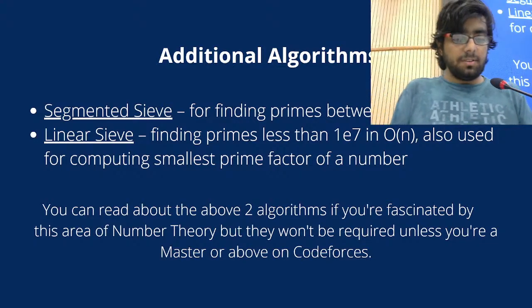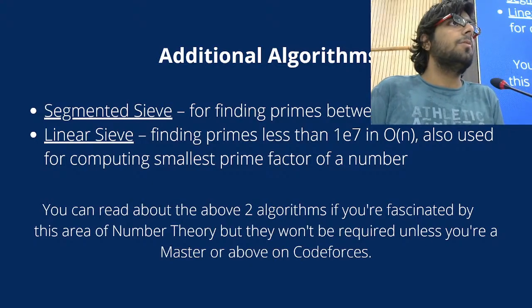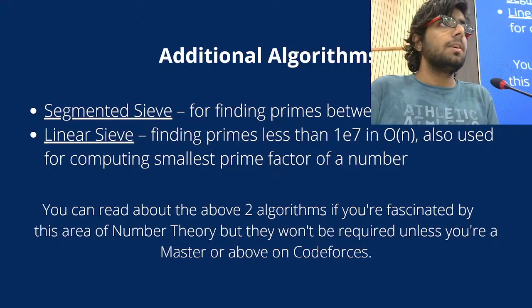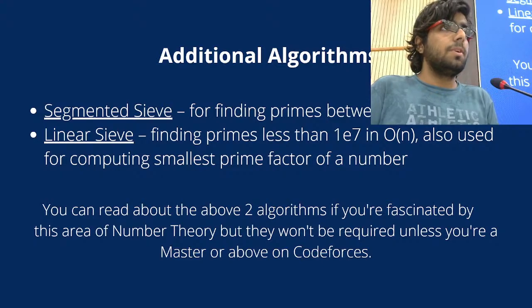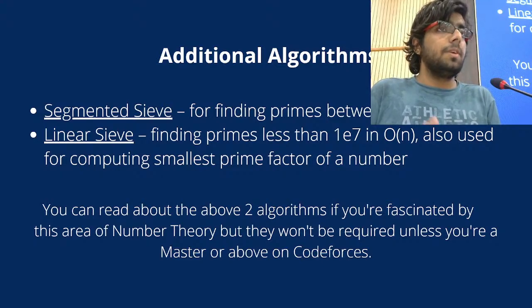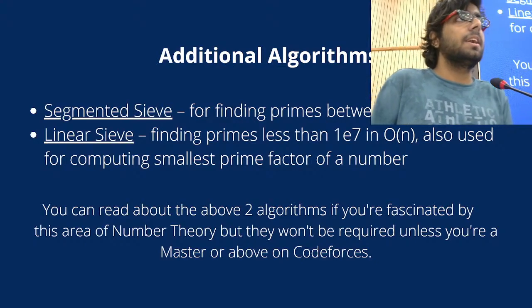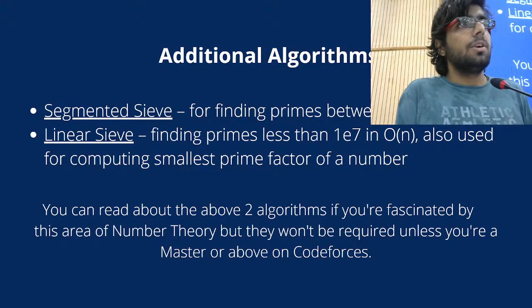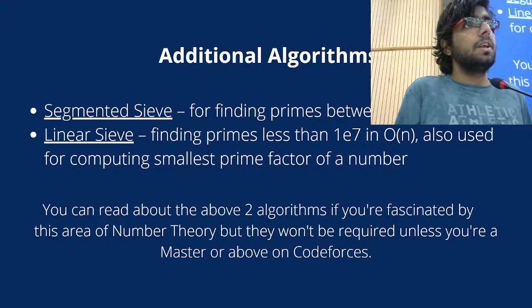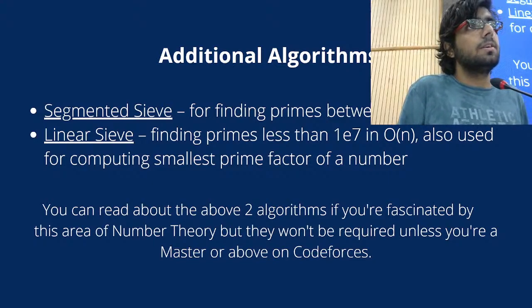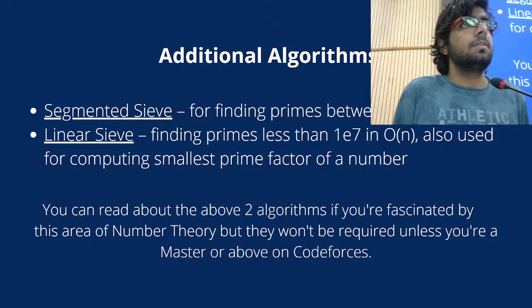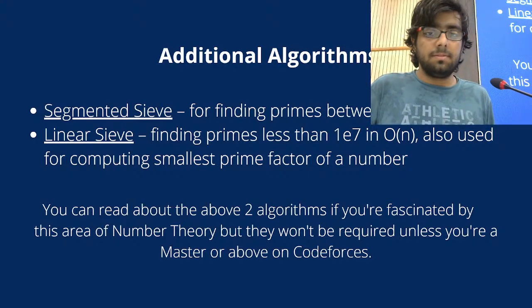And now we iterate j from 2 to root of b, and on the multiples of j we mark each index false. We calculate the next number that is a multiple of j and greater than or equal to a, which can be calculated in O(1), and now we keep on adding j and mark all of them as false, since they are divisible by j. Clear?